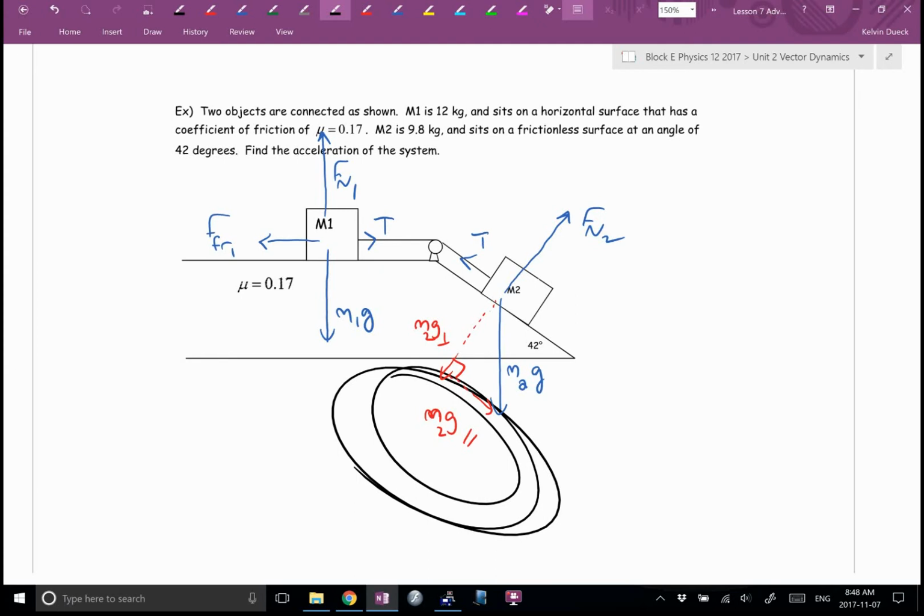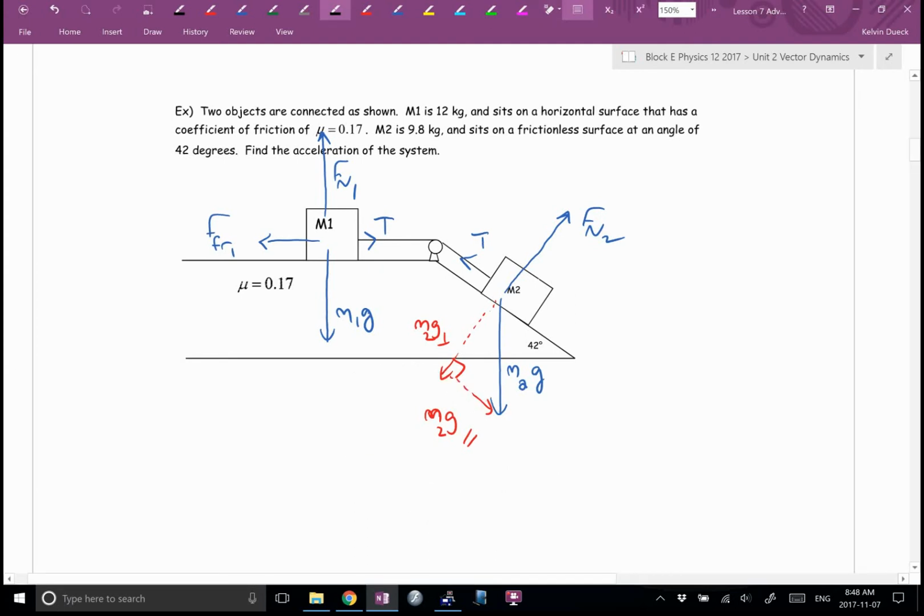And anything that ends up pointing down the ramp to the right will be winner plus. Anything that ends up pointing up the ramp when it gets to there is going to be a loser minus. So, who's winning? M2G parallel. And now let's walk along the rope. My good old friends, minus tension and plus tension.